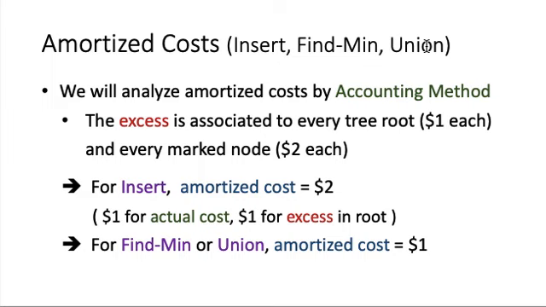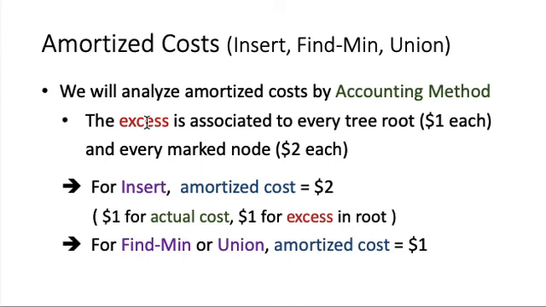When we do the amortized analysis, here we are using the accounting method. The accounting method will invest certain money for each operation. And then when there is excess money, we will store it associated with the nodes inside the tree, inside the heap. So here we will keep the following invariant.